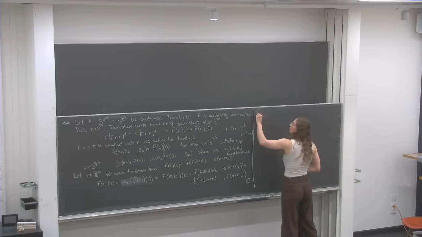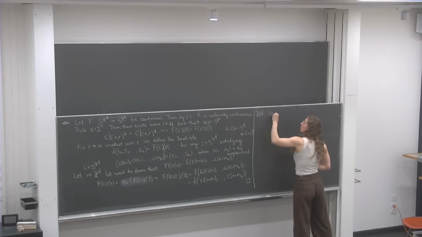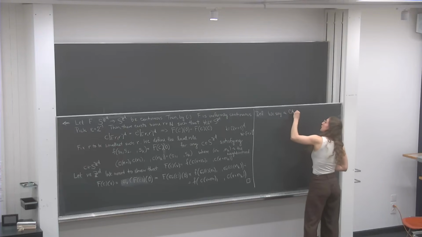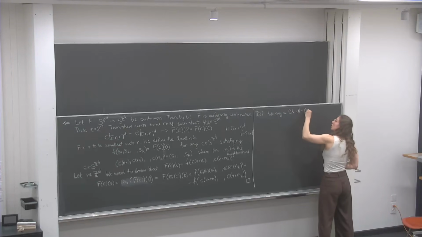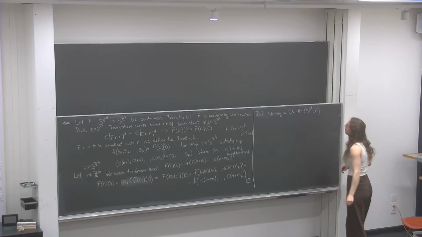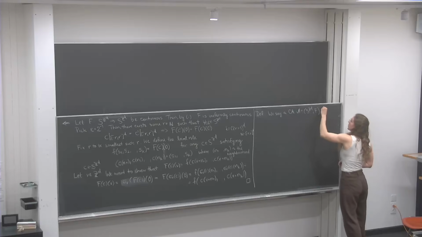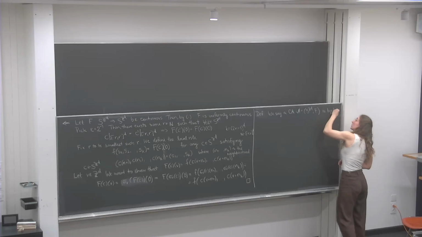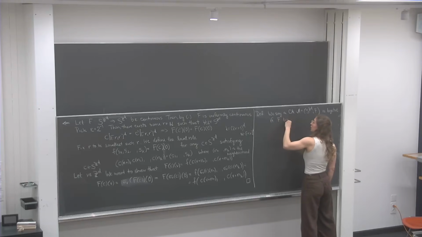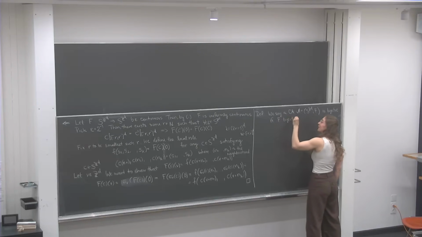So let's start with a definition. We say a CA from Sigma to the d, with global rule f, is bijective if f is bijective. That's pretty much what you would expect.